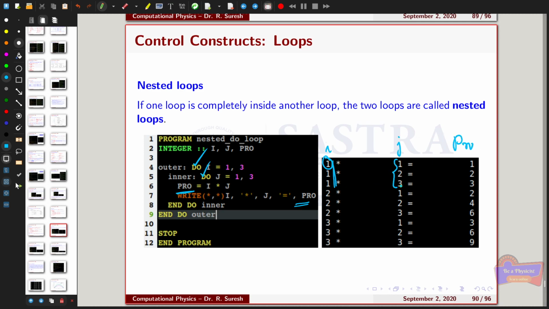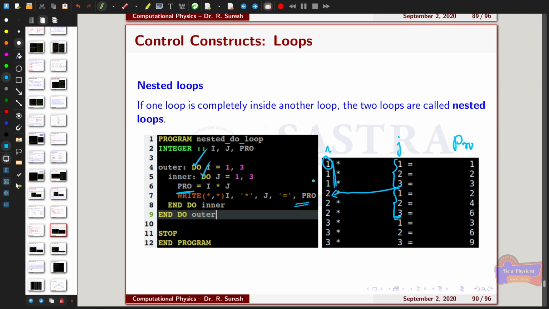Once it reaches the maximum value, I is incremented by 1. For I equal to 2, again the j values are written 3 times. Similarly, after the inner j loop reaches the last value, I is incremented to 3, and again the multiplication is done. This is the corresponding output for the program.